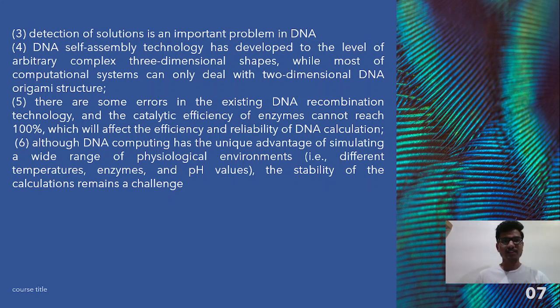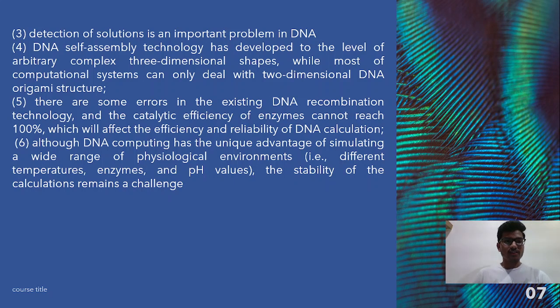The third is detection of solutions, which is an important problem in DNA computing, or else it cannot be solved. Next, coming to the fourth one, DNA self-assembly technology has developed to the level of arbitrary complex three-dimensional shapes, while most of the computational systems can only deal with two-dimensional DNA origami structures. This is the most common challenge that is faced.